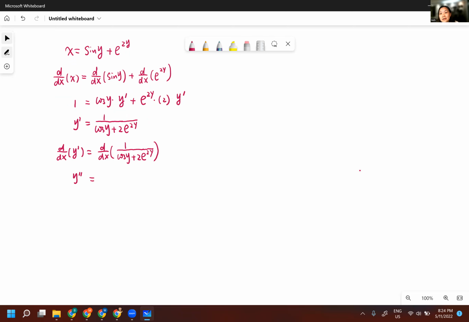On the right-hand side, again, a function of y, so I do d/dy first. D high, low, minus d low, high, divided by low square.